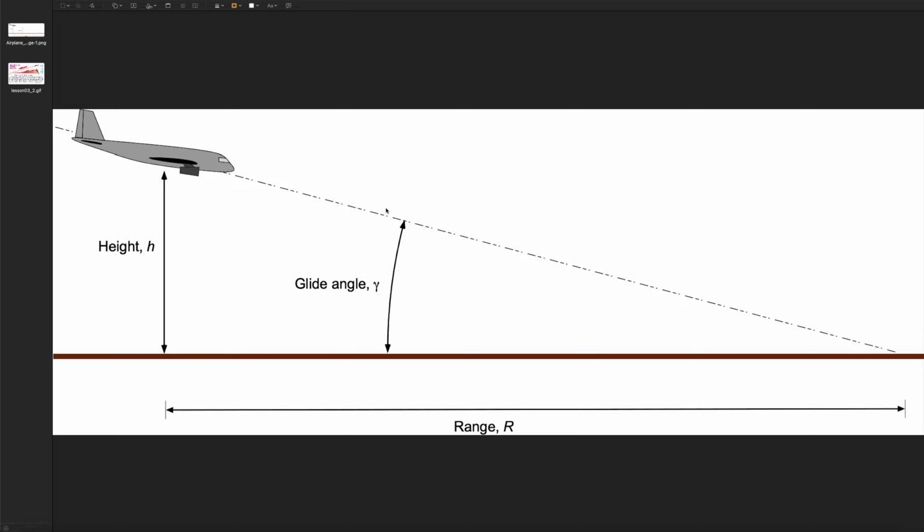So there's going to be a certain drop of, say, so many feet downwards as a horizontal distance is covered. So this plane, let's just say, on average, they drop at about a 3 degree descent rate from the horizontal.